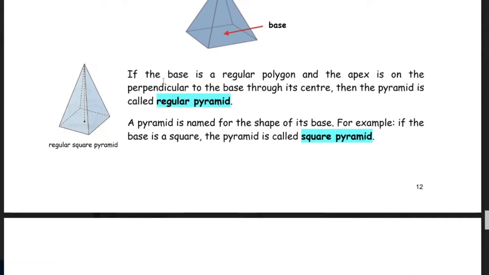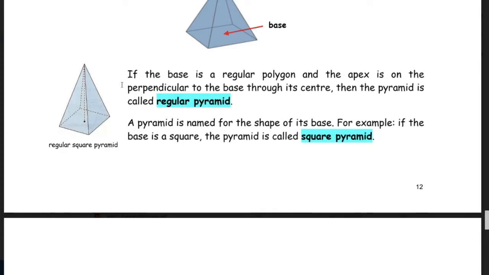Now, if the base is a regular polygon and the apex is on the perpendicular to the base through its center, then the pyramid is called a regular pyramid.